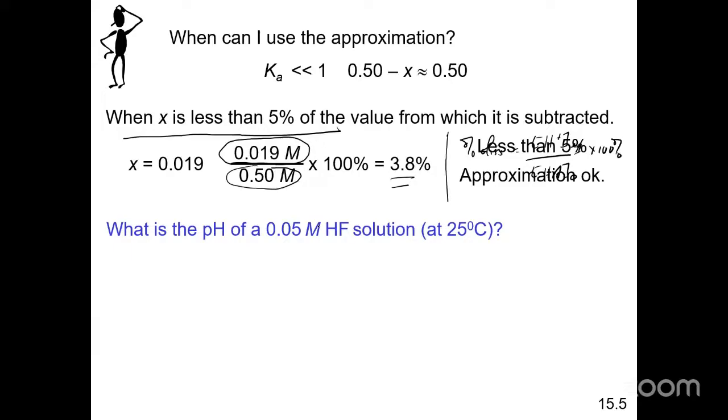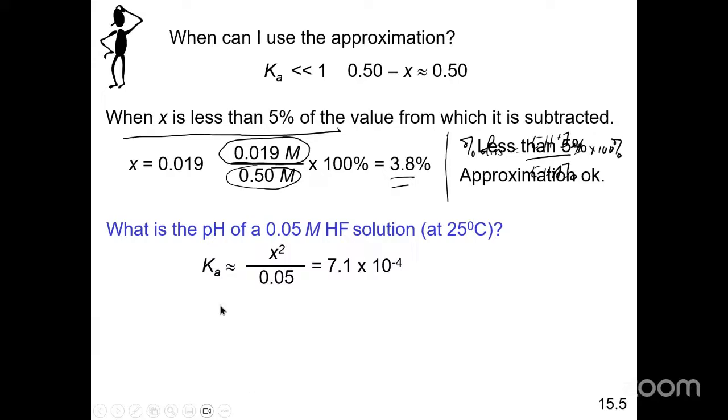So let's look at this example right here. What is the pH of a 0.05 molar HF solution, a solution of hydrofluoric acid? Basically you do the same thing, just as you did before. You do your ice table and then you make your approximation. This time you're going to end up with this expression: x squared divided by 0.05 is equal to 7.1 times 10 to the minus 4.